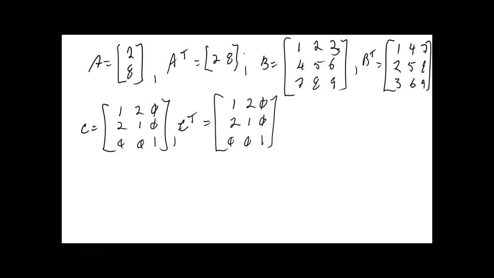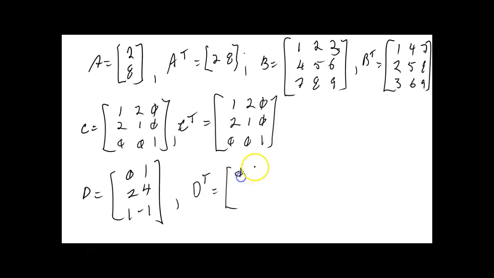How about D? Matrix D is 0, 1, 2, 4, 1, negative 1. Does it have a transpose? And what would that be? 0, 2, 1, 1, 4, negative 1.